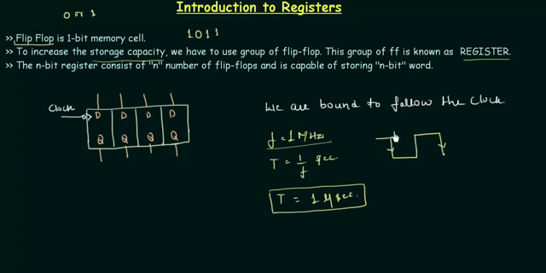These are the 2 falling edges, and the time is 1 microsecond. So after every 1 microsecond, whatever you store in this flip-flops will get changed. For example, if I want to store 1 0 1 1, then I have to simply give 1 as the input to this flip-flop and 0 as the input to this, 1 and 1 in the same way for the last 2 flip-flops. And when the next falling edge arrives, this value will get changed that we don't want.